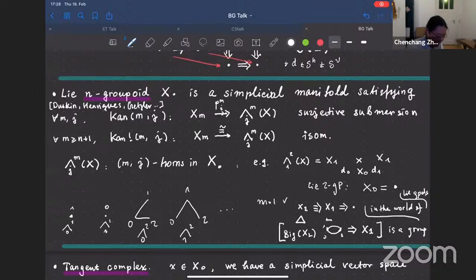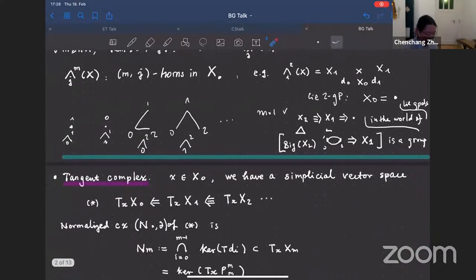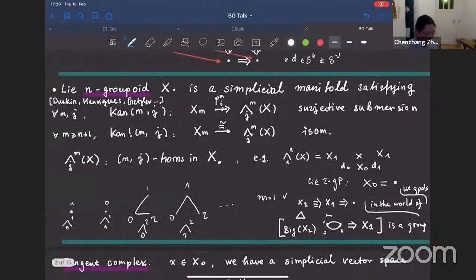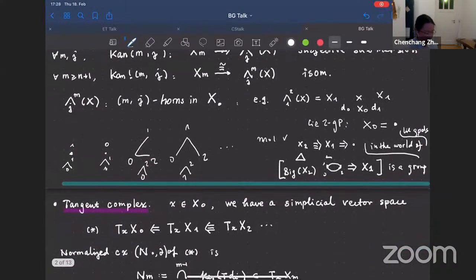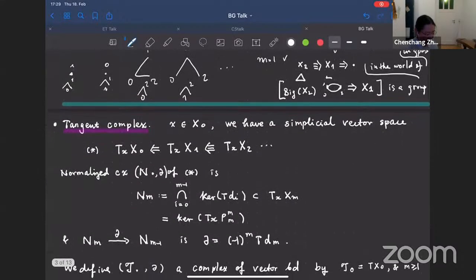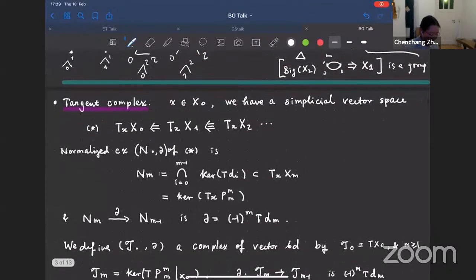So that's how it goes. We'll see this example much more clearly later. Now when we have a Lie n-groupoid, we can form this tangent complex. We take a point in x0.